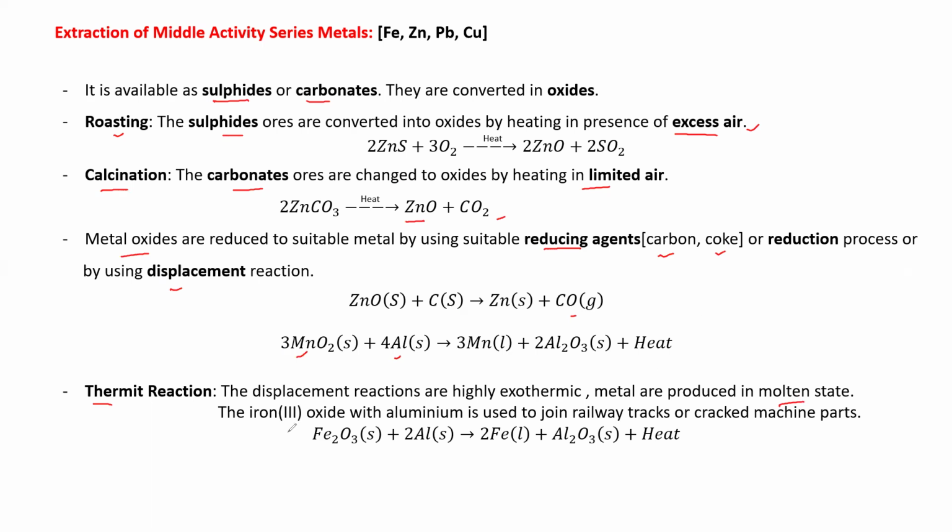Here, ferric oxide reacting with aluminium is also used to join railway tracks or some cracked machine parts. So in the reaction, the ferric oxide is going to react with aluminium, and finally the iron that we obtain is available in the liquid state. So it is used for the joining purpose, and aluminium oxide we obtain here is in the form of a solid, and again heat is being produced.